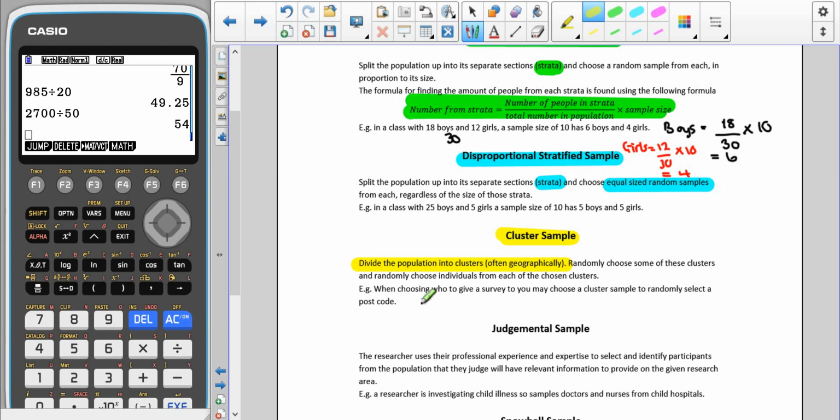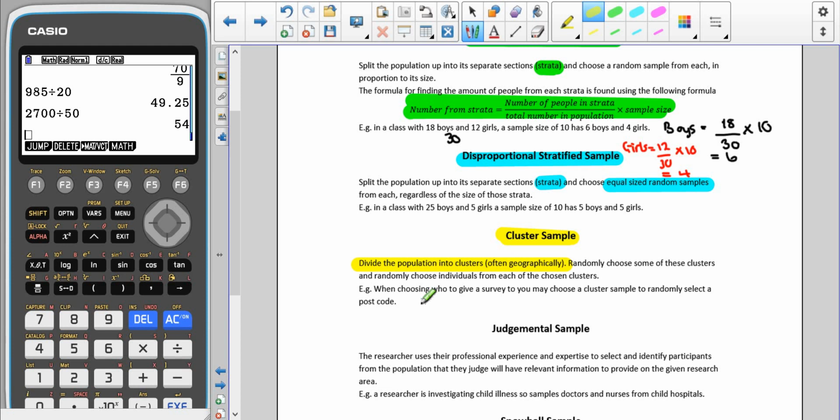But it could be something as simple as if you were trying to take samples from a river. If, say, we were having a look at a school trip where we had to collect data from along the river, in order to supervise the pupils whilst they were doing this, it would be very difficult to do that if we were to do, let's say, a random sample of the sections of the river. Instead, it would be much simpler to monitor the pupils doing their sampling if you were to perform a cluster sample.